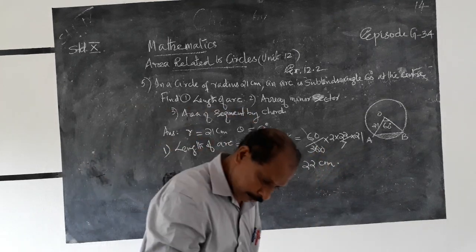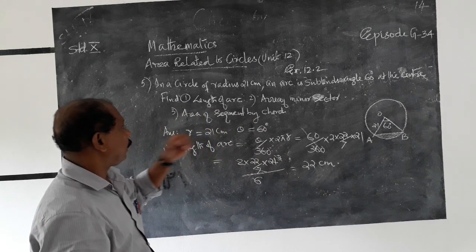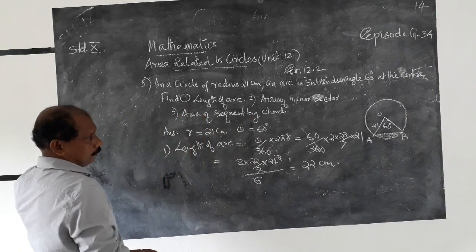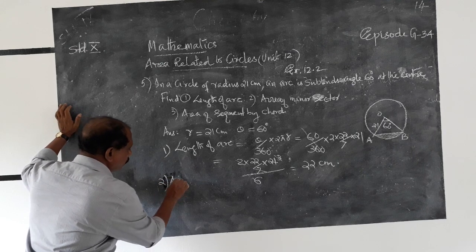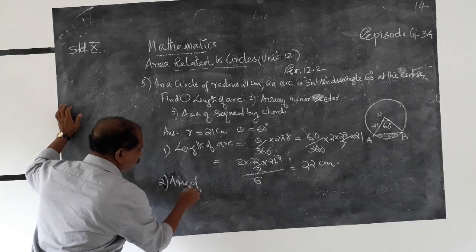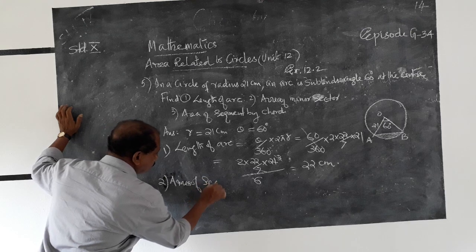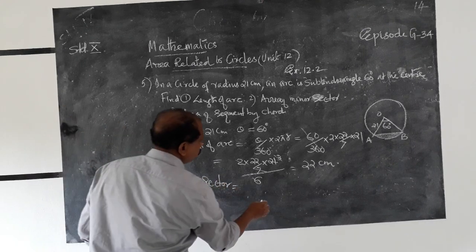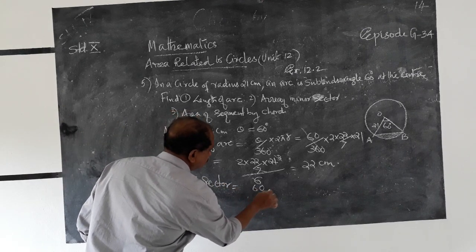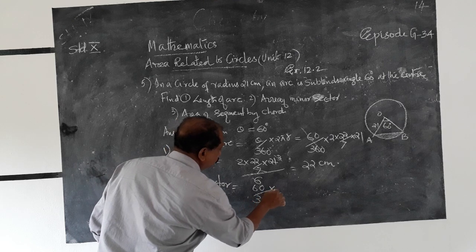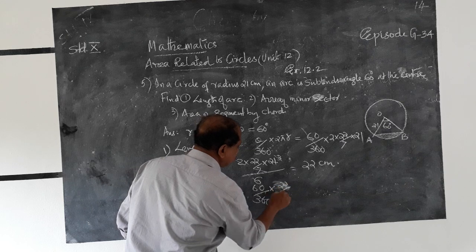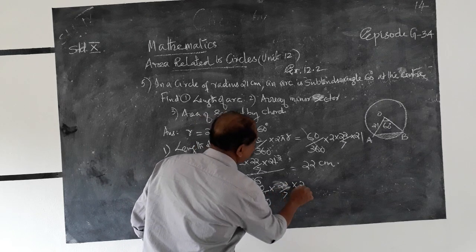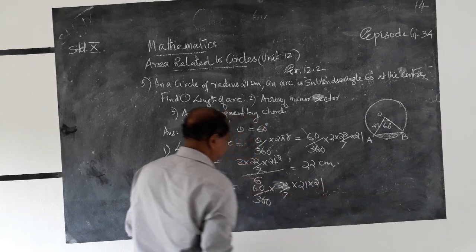Okay. Then next we can find out the area of the minor sector. That is question number 2. Area of sector is equal to 60 by 360 into pi r square, 22 by 7 into 21 into 21.